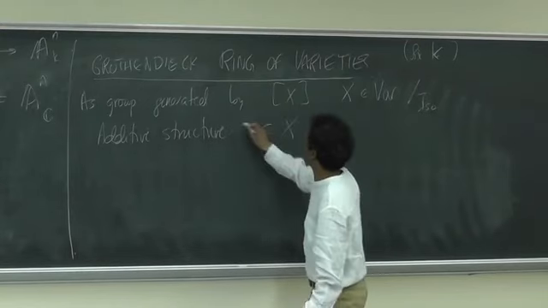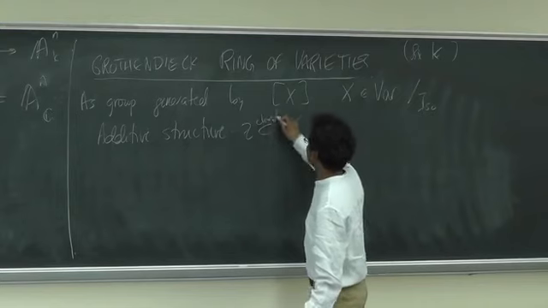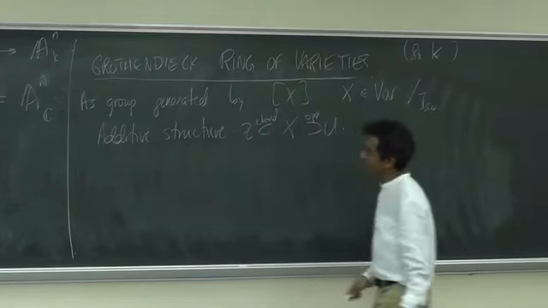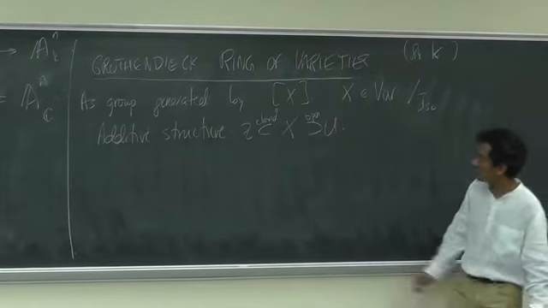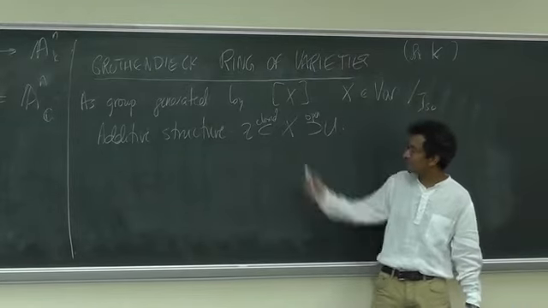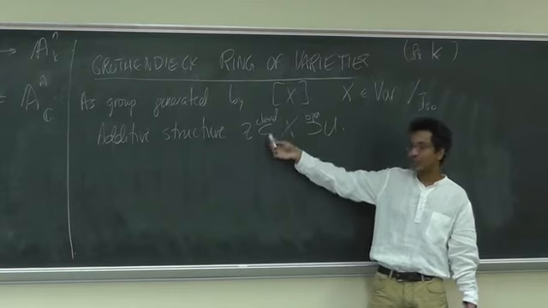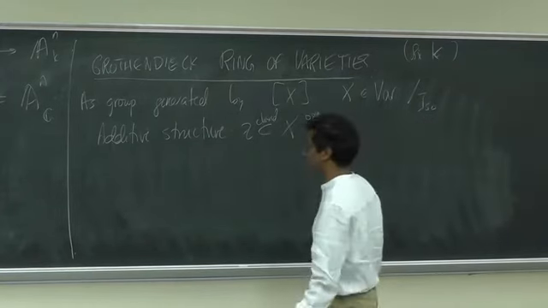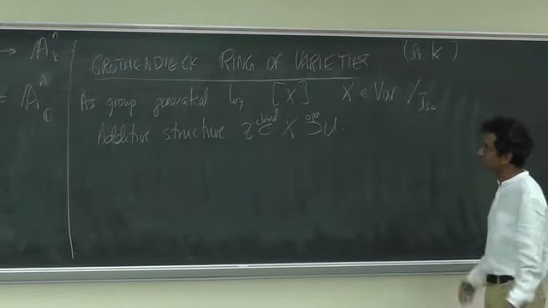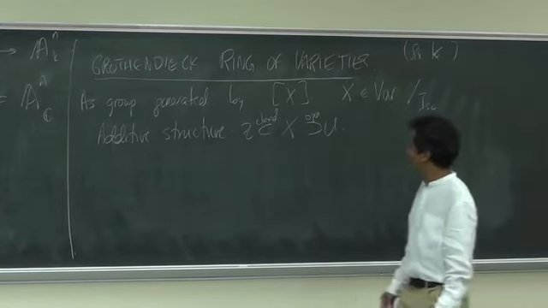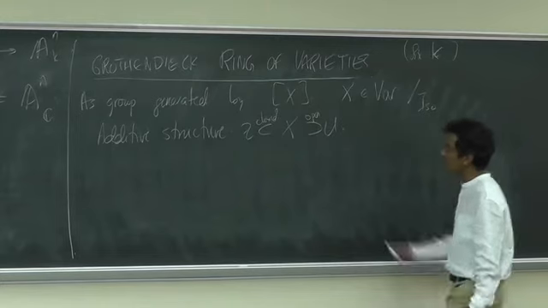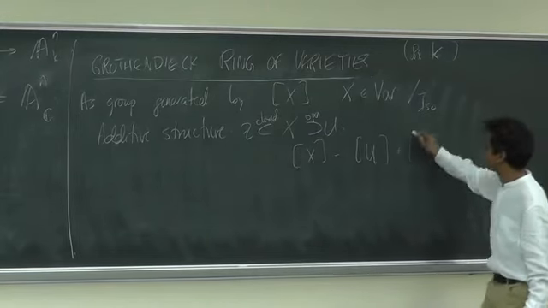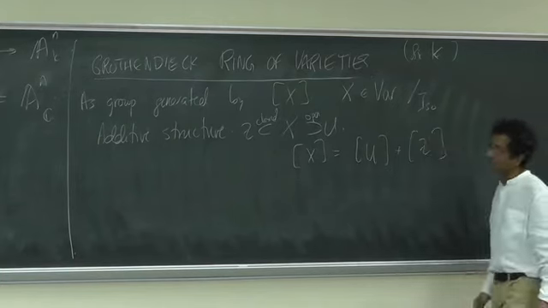If you have a closed subset and an open complement, and now I really need to be a little bit careful because I'm in algebraic geometry, so the only closed subsets I'm even allowed to talk about are those I can talk about in the language of polynomials, perhaps their quotients. So no e to the x's or sines allowed, only things cut out by actual equations. And then I'll have a complement, which is an open subset. I'm just going to declare that [X] is equal to [U] plus [E]. And that's it. That's my group.